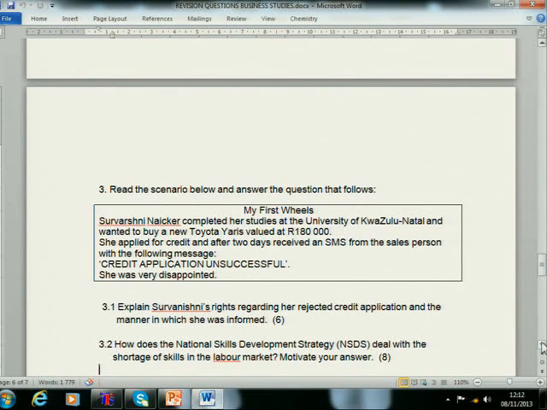If credit is rejected, they need to be informed in writing. It should be in a language they understand. The information should be given why it was rejected. That information is only reproduced in this case study.